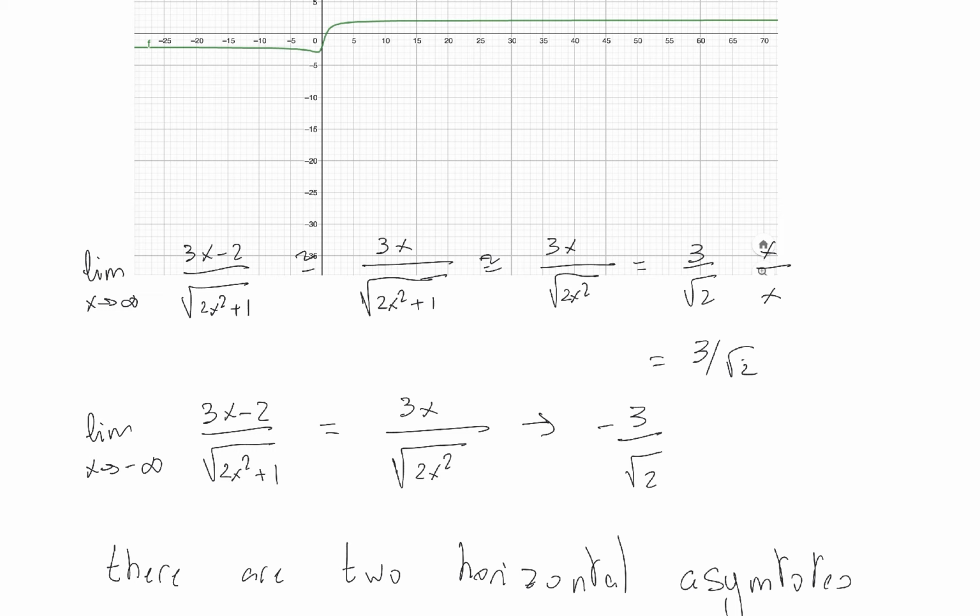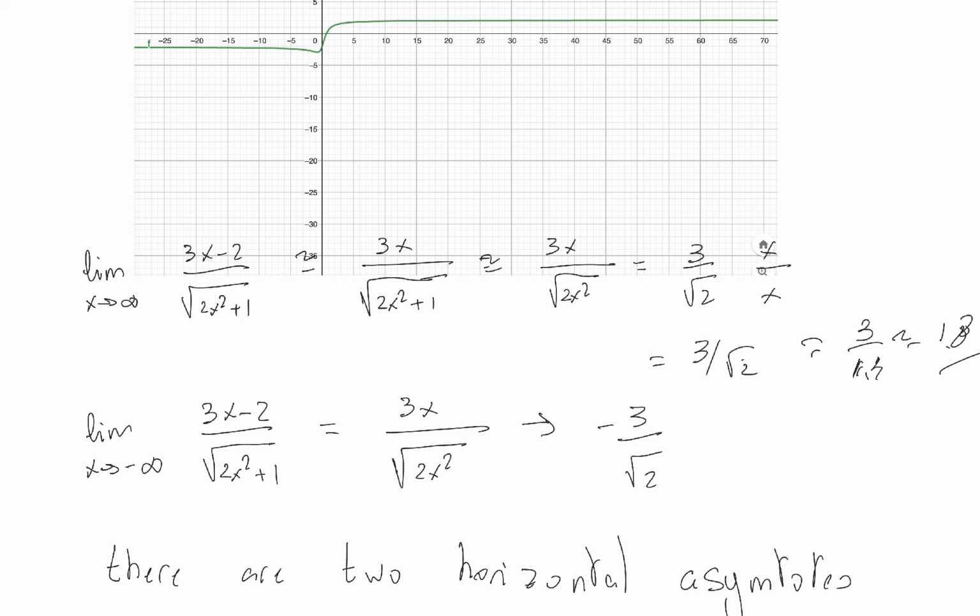So the answer is that when x goes to infinity, the limit will approach the number 3 divided by the square root of 2. 3 divided by the square root of 2 is more or less 3 divided by 1.4. It should be about 1.9, something like this, whatever the function is.